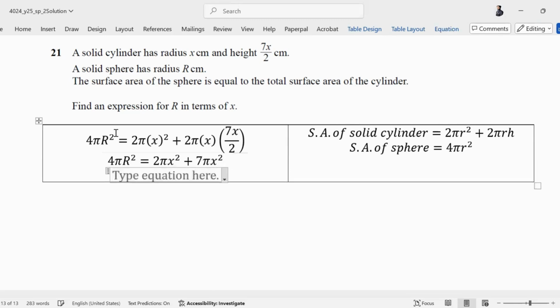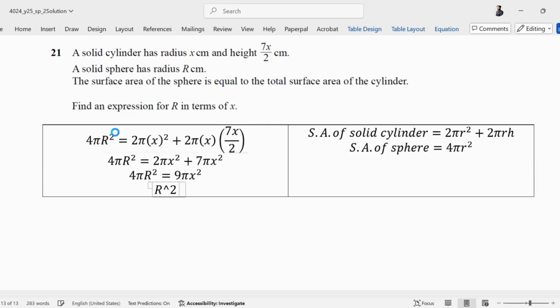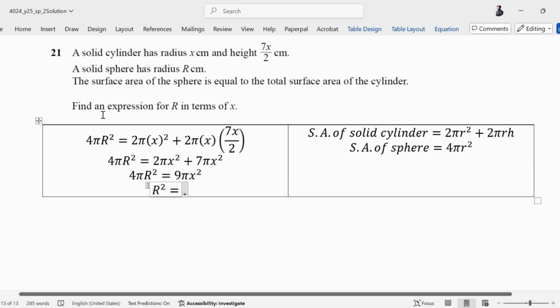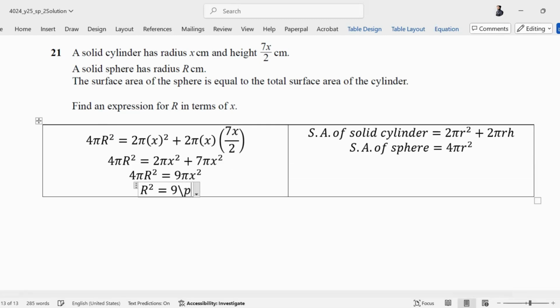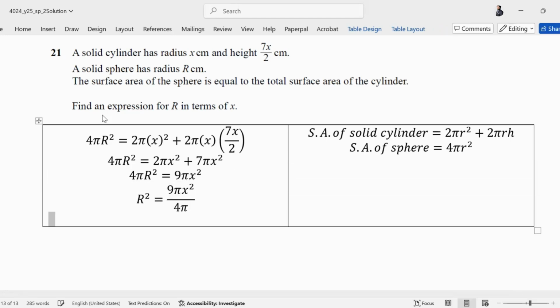This should end up giving me 4 pi r square is 9 pi x square. So r square is what I need, an expression for r in terms of x: 9 pi x square upon 4 pi. Pi and pi cancel out. r square is 9x square upon 4.